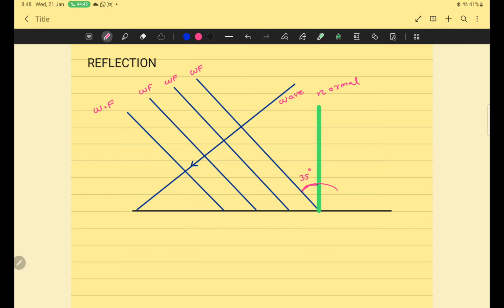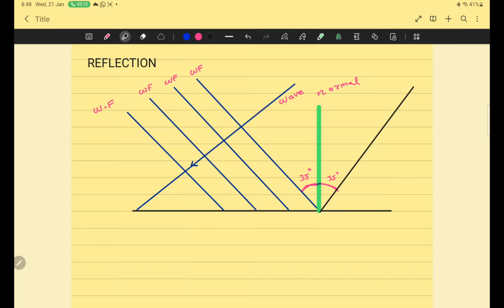Then you will measure a 35-degree angle on the right hand side, and then you will draw this wavefront. First you draw, and the normal will be erased later.